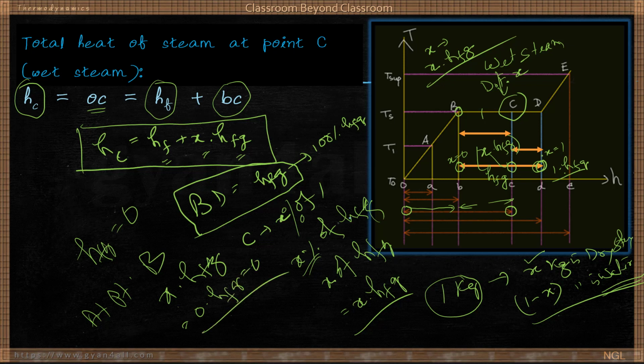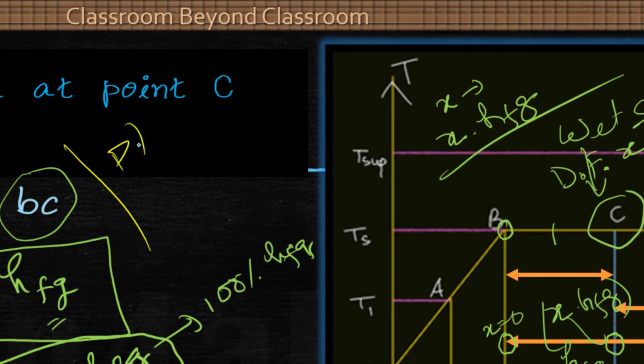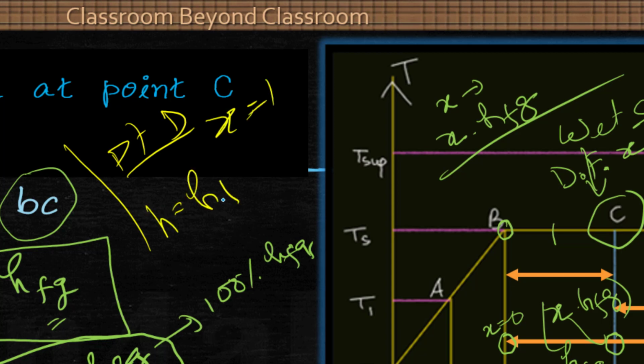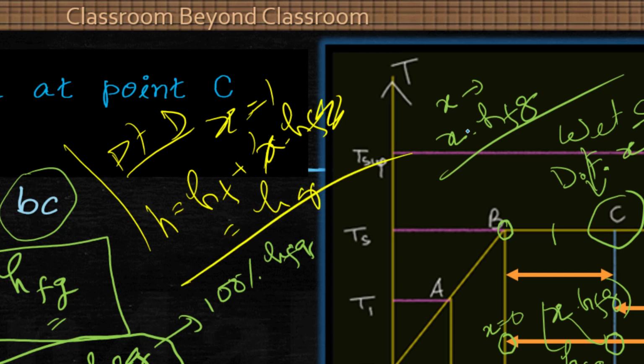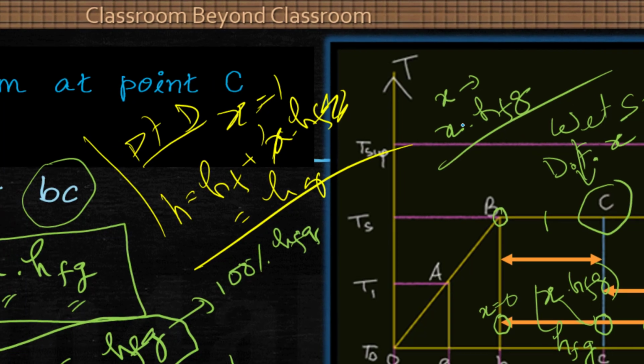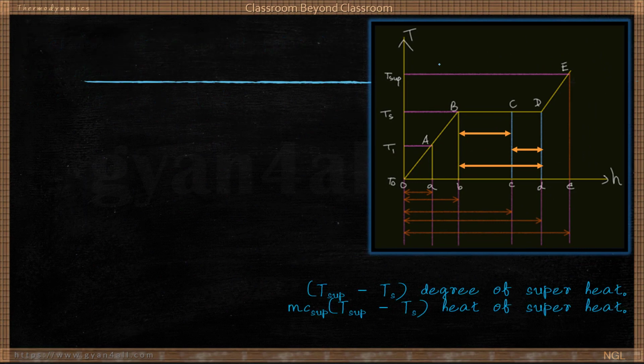Now come to point D, X equal to 1. Now at D, H equal to HF plus X into HFG. So that is equal to HG. Is that okay? Yes, sir. Good. So that way you can calculate the thing.